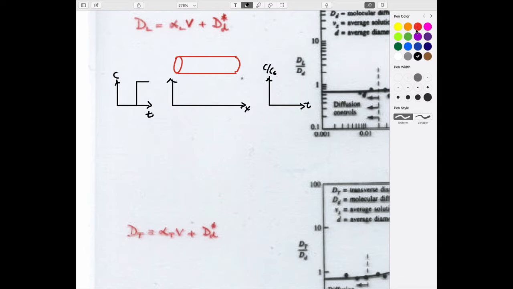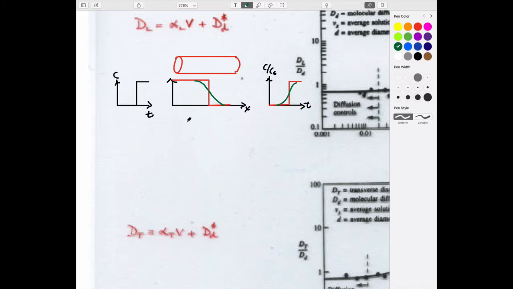And so if we look at what the transport along the core looks like, then we know it looks like this if it's plug flow. And we know as it arrives downstream, it will look like this again if it's plug flow. If it's not plug flow, it would look like this. And if it's not plug flow, it would look like this. Right?